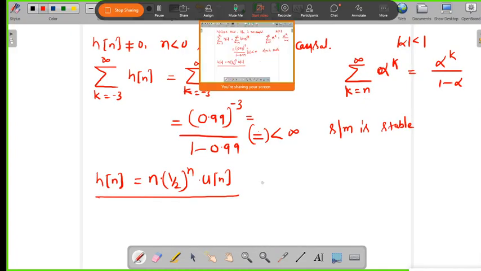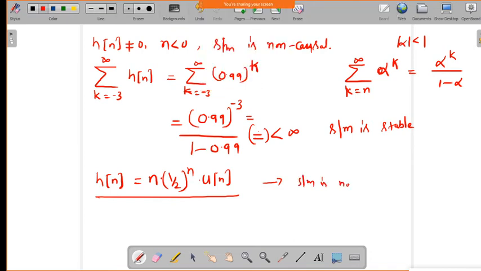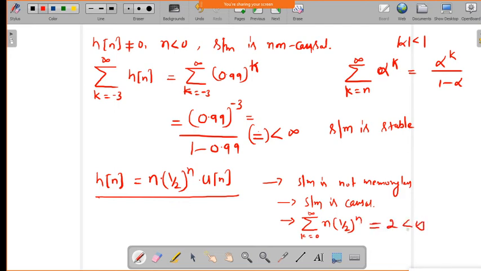So, for this, you will get that the system is not memoryless, and the system is causal, and the value of the summation, sum of n equal to 0 to infinity of n into (1/2)^n, will give the value 2, which is less than infinity.